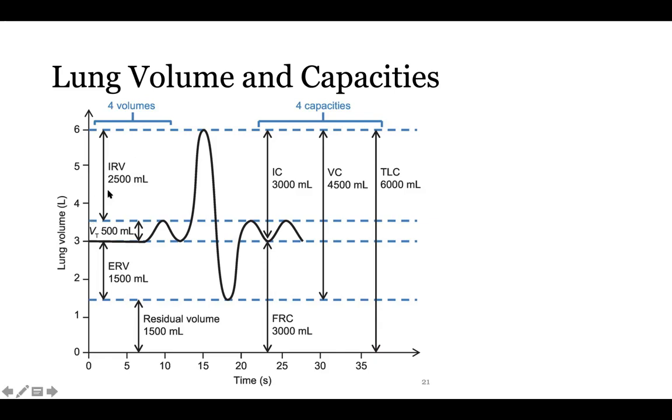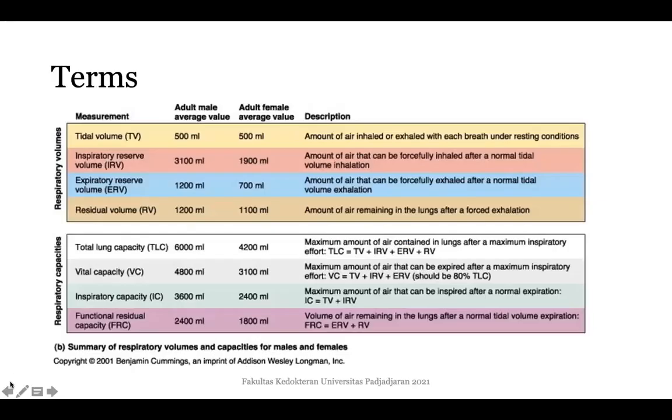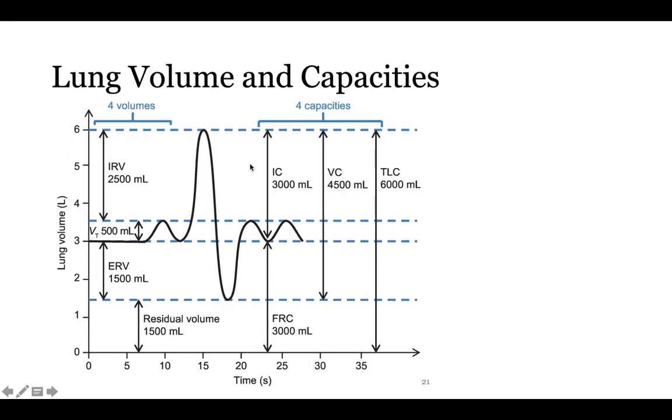The inspiratory reserve volume is about 2,500 ml and the expiratory reserve volume is about 1,500 ml. This is what we call the inspiratory capacity, which is the inspiratory reserve volume plus the tidal volume. The inspiratory capacity is about 3 liters.